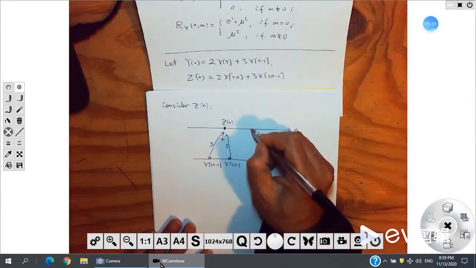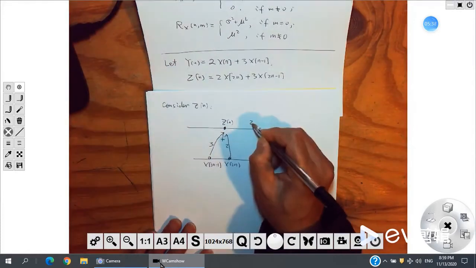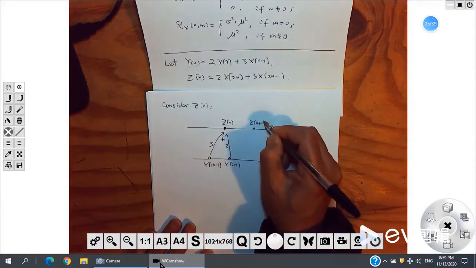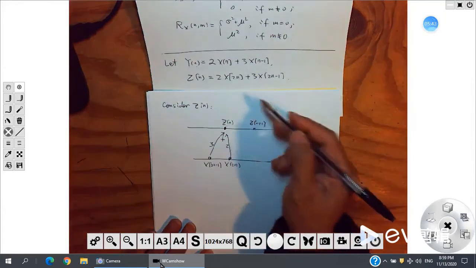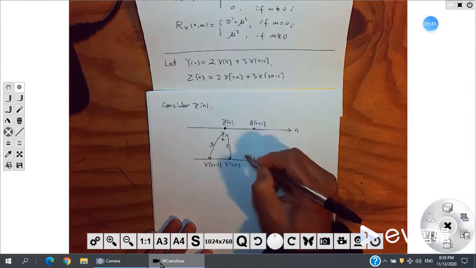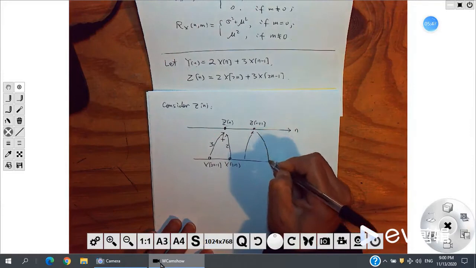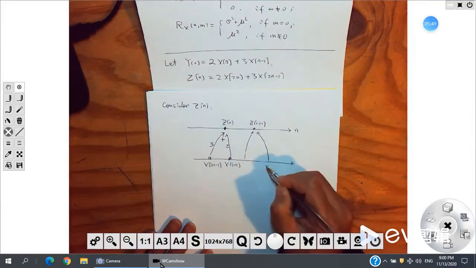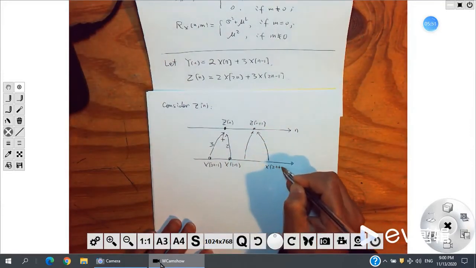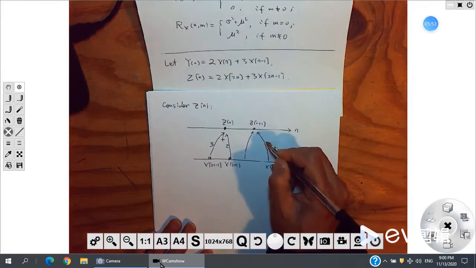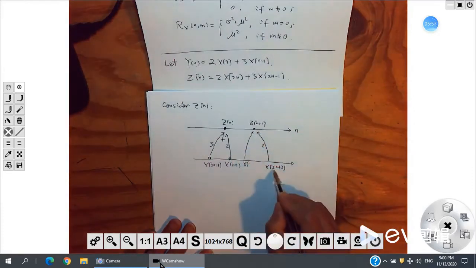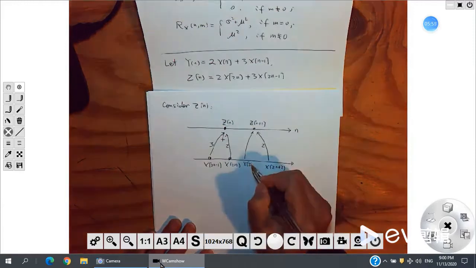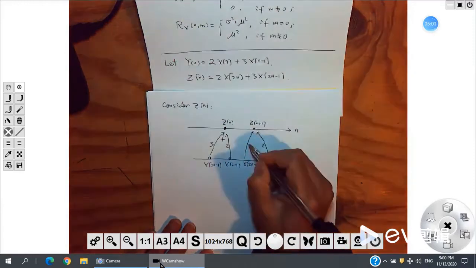Then what will the next z be? Z of n plus 1 is similar. It will be x of 2n plus 2, times 2, and x of 2n plus 2 minus 1, which is 2n plus 1, times 3, summed.